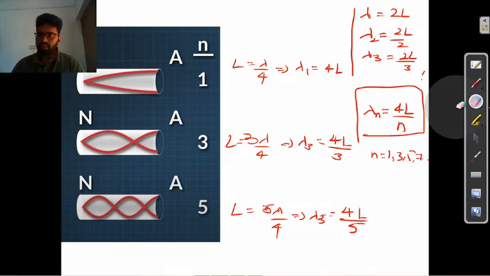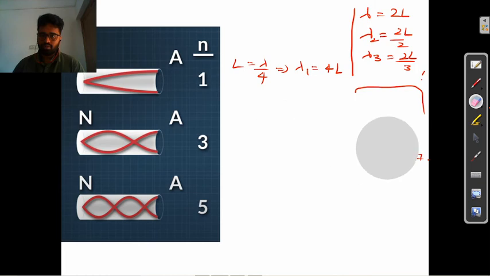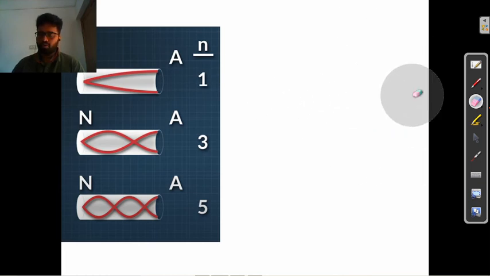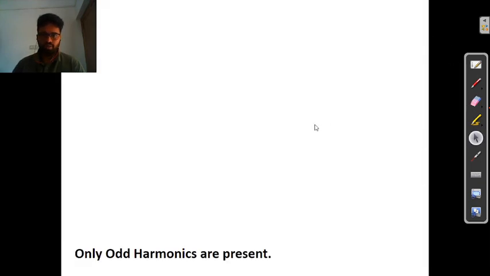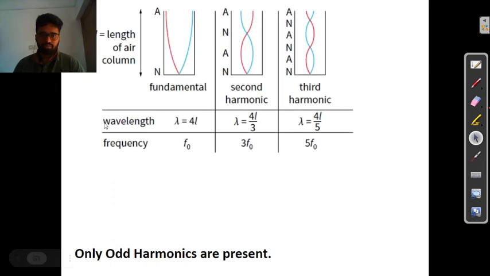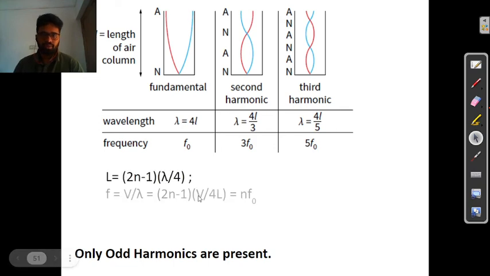So that is something that we need to keep in mind. So let's do a simple problem and wind it up. Remember, as I was telling, you only have odd harmonics for one closed and one open-ended pipe.